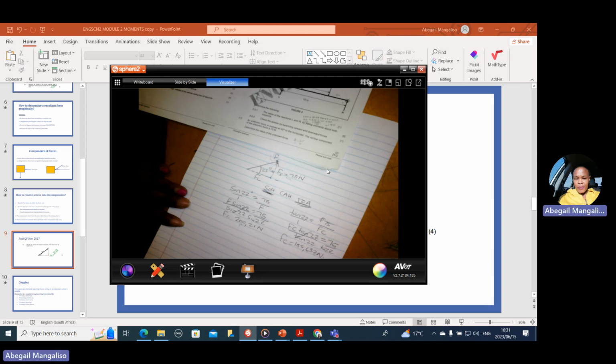This is x and y, and this is the hypotenuse. So F will be, I'm just proving it, equal to the square root of 75 squared plus 185.632 squared.